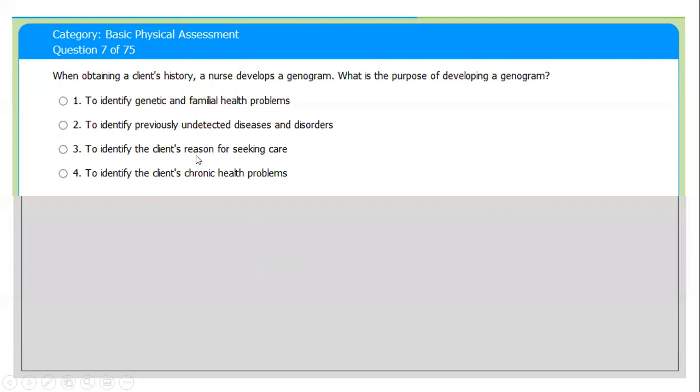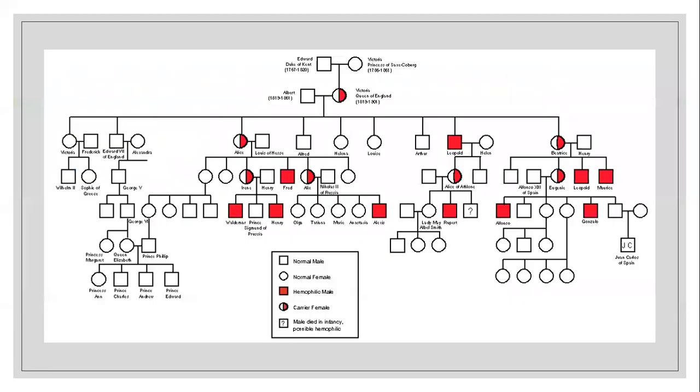Next question here. When obtaining a client history, a nurse developed a genogram. What is the purpose of developing a genogram? So what is a genogram? Let me show you this picture. This is the genogram.